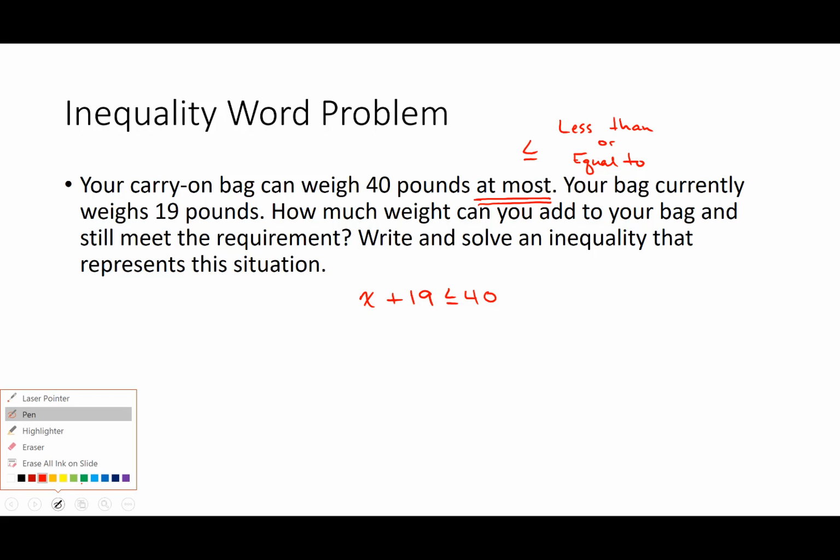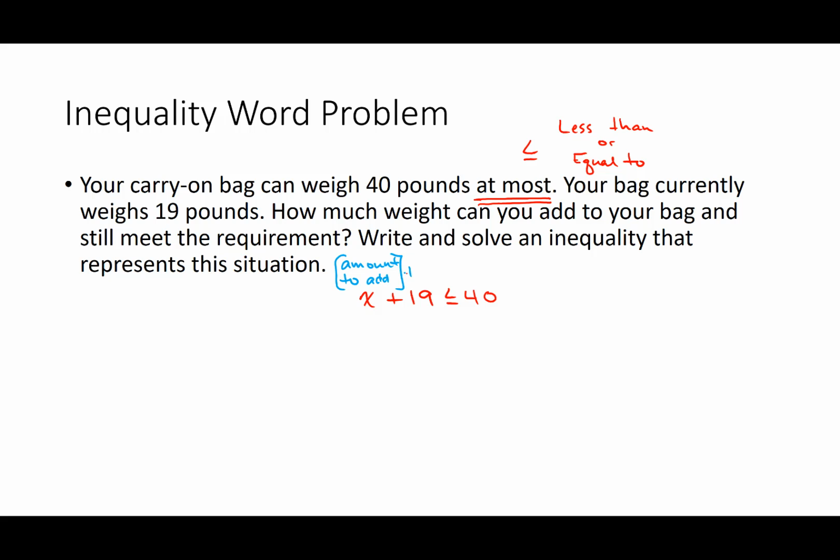So really what we've done is we took the amount that we can add and we added to that the current weight, and all of that has to be less than or equal to the max amount.